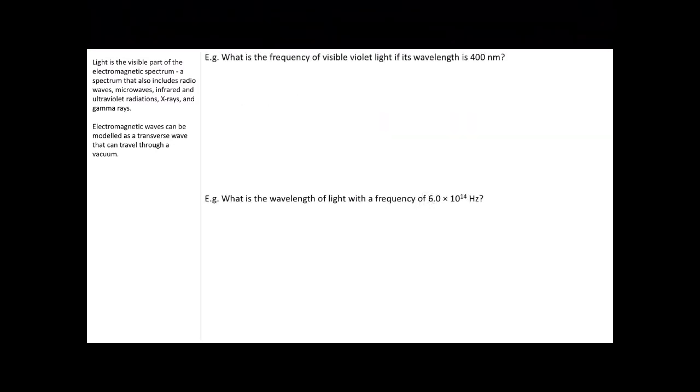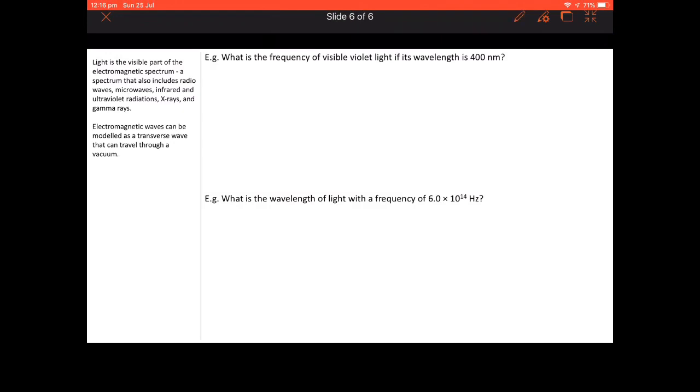So a couple of examples. What is the frequency of visible violet light if its wavelength is 400 nanometers? So we've got the wavelength here, 400 nanometers, or 400 by 10 to the -9 meters, and it's visible violet light. We want to find out what the frequency is.